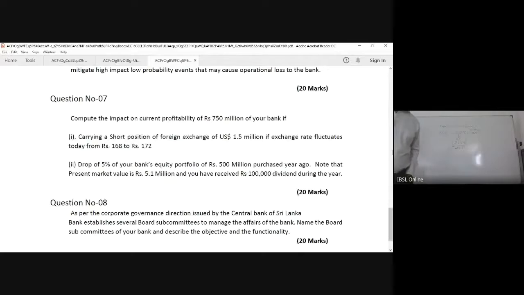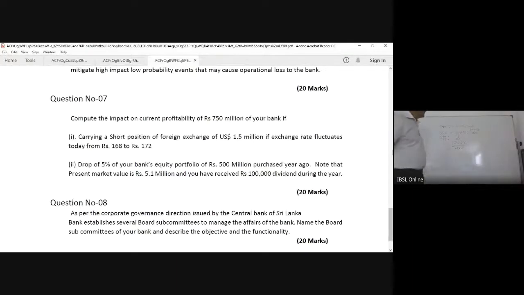So now your market value is 484.5. So what is the difference here you have lost? You have lost 15.5 as a result of 5% equity values have gone down.